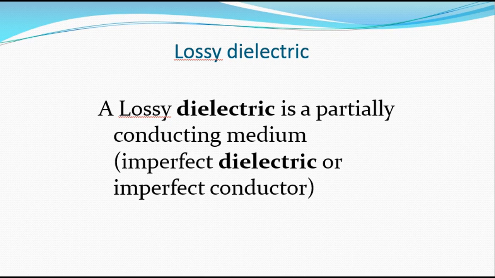So if someone asks you what a lossy dielectric is, a simple thing you should tell the person is that it is a partial conducting dielectric material. It's not a perfect dielectric material, and it's not a perfect conducting material. It's as simple as that.